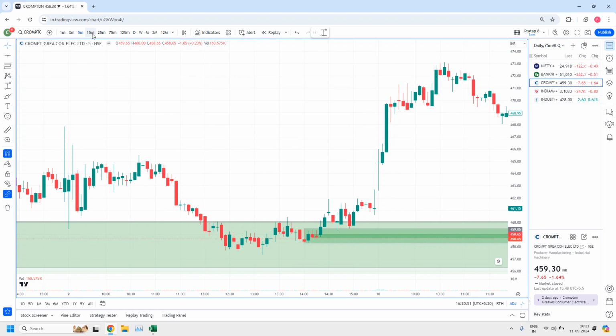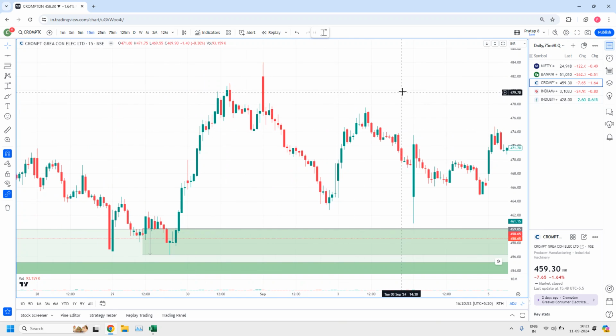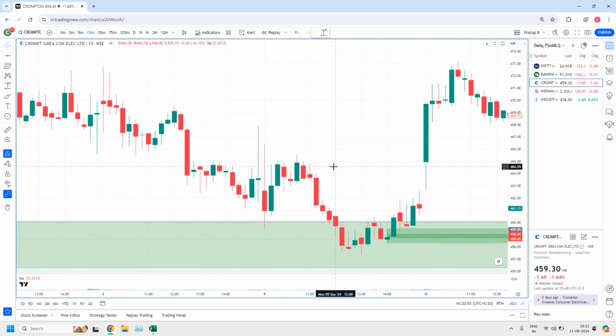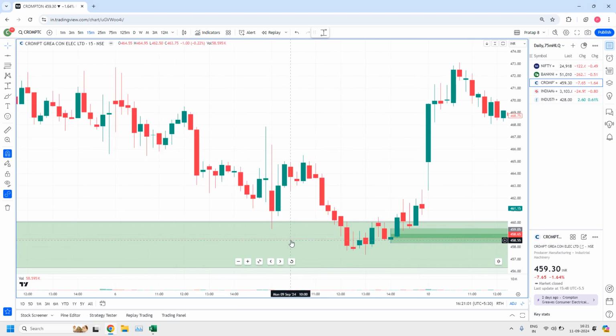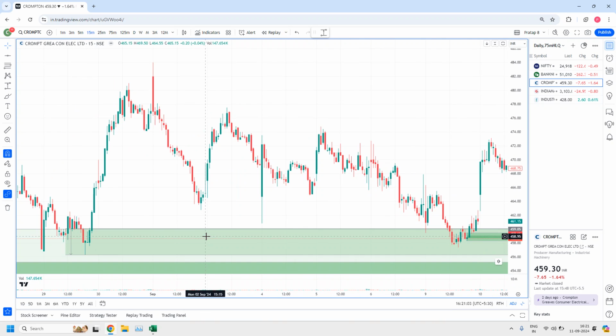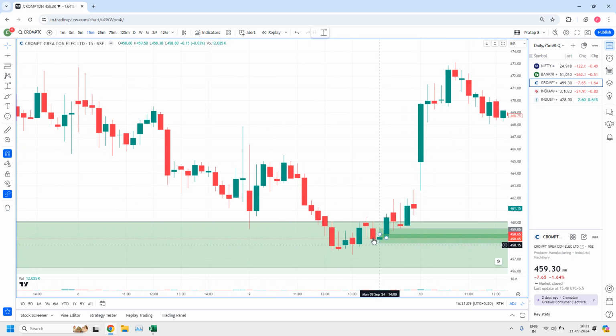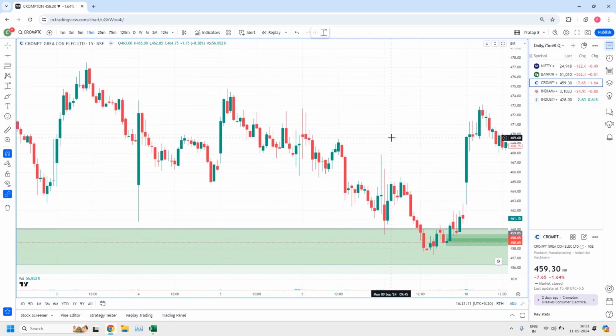So here we have a 15-minute zone. First let me show you the 15-minute zone. We have a drop base rally. This is the 15, inside the 75. This 75 is inside the daily. See here, this is the 75. This entire thing is daily. This is the 75. In this 75 we have a drop base rally.